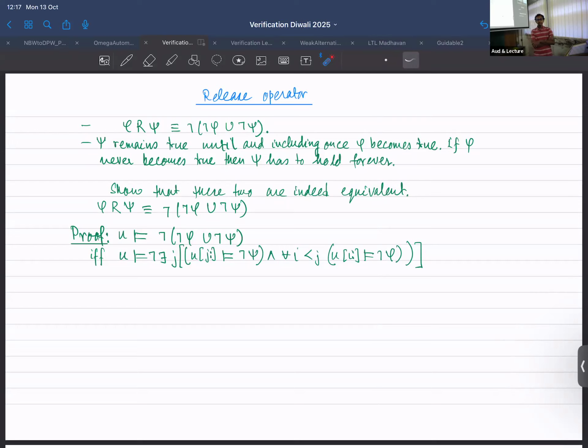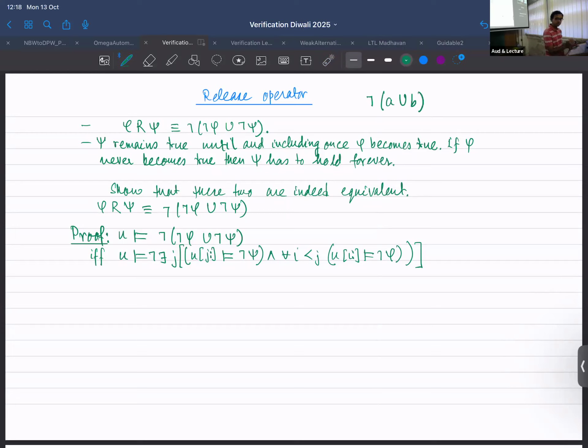Maybe it would be nice to simplify the right hand side first. Like we did negation of A and then B. So what will that do? Negation of A until negation of B. Like we did negation of A until B, we can expand it to weak until thing.